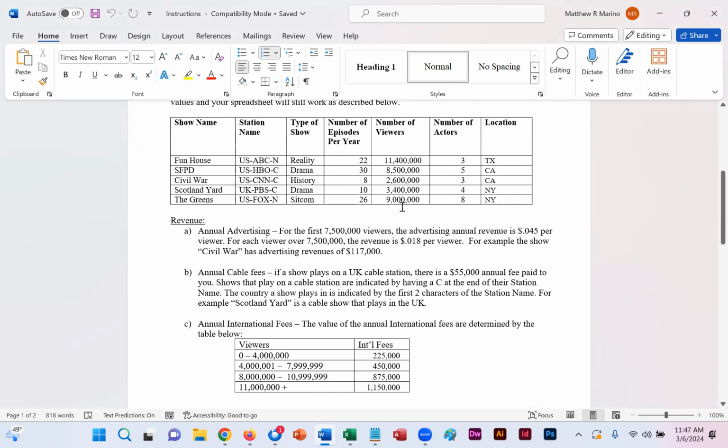If it is, we simply multiply the number of viewers times this little less than 5 cents. If it's not, we do comma, 7.5 million times the little less than 5 cents plus the number of viewers minus the 7.5 million times the little less than 2 cents.